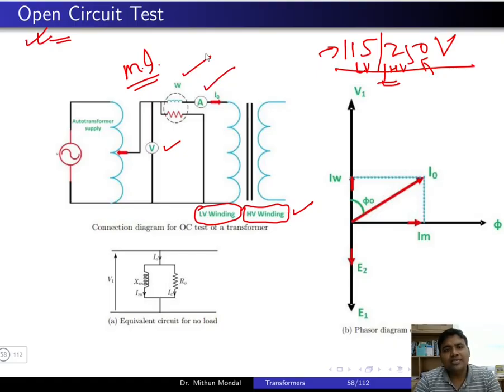These are the three instruments that will be connected to measure specific quantities. So in the open circuit test, the high voltage side is always kept open, and the measuring instruments are connected on the low voltage side. And through an autotransformer, we will slowly vary the input voltage.